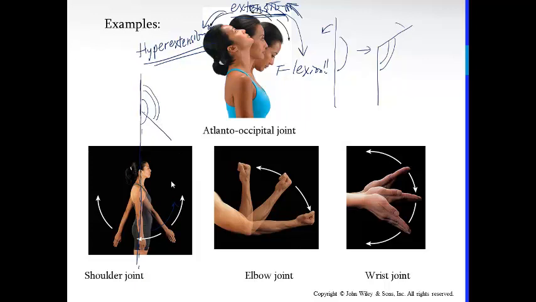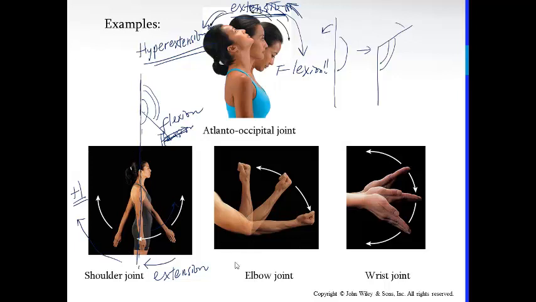So the angle is less, so this is flexion. And if you were to move it back, increasing the angle, this is extension. And if you were to move it even further, this is hyperextension. So make sure you have a reference line.